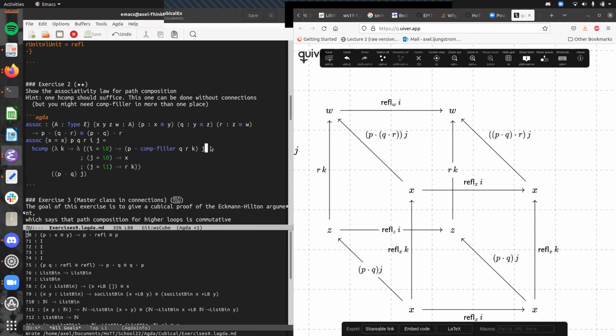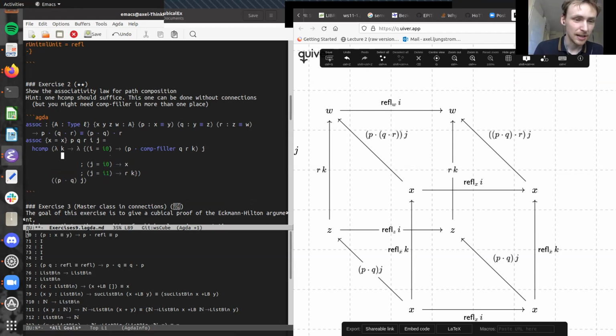And if the resulting H comp is the same as the H comp you want, then you are done. I think that's probably what's going on behind the scenes here. And that would also be what would happen if you have an H fill, because the H fill is an H comp under the scenes.